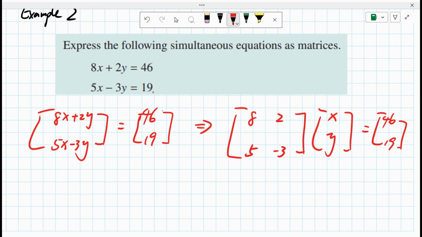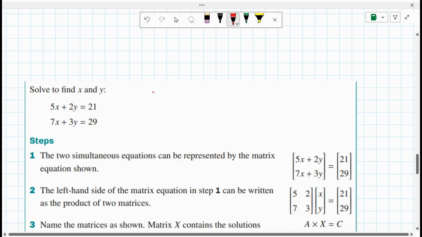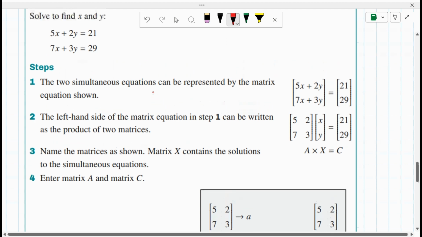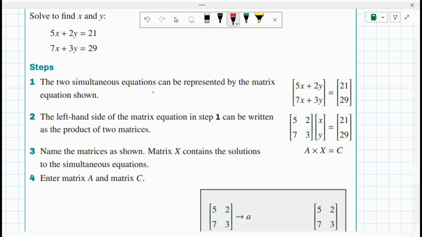If you want to know how to solve by CAS calculator, we can. Say I had a similar question with a simultaneous equation. The first step is to represent the question as a matrix. So we could do 5x plus 2y and 7x plus 3y equal to 21 and 29.